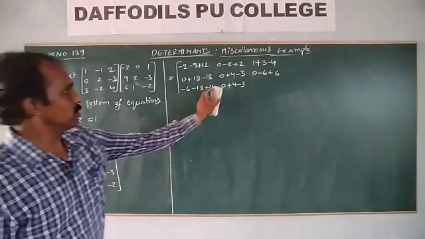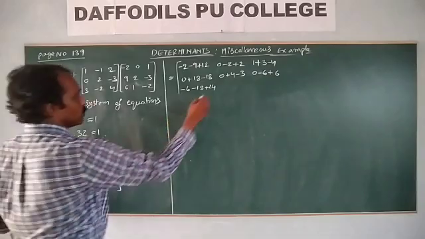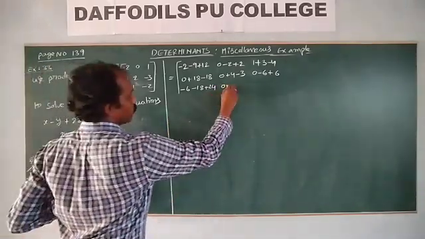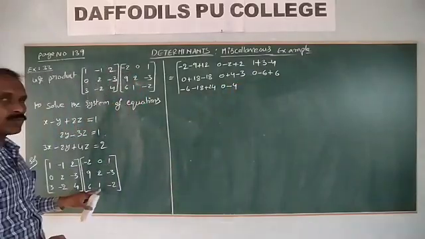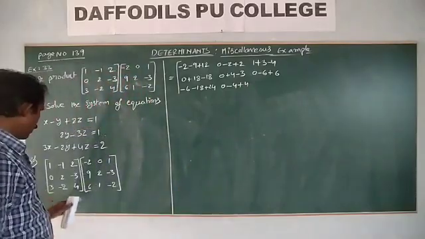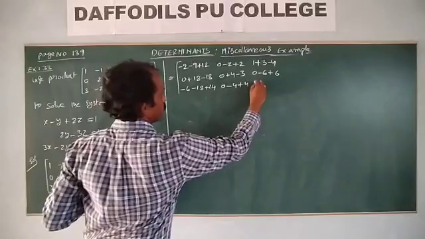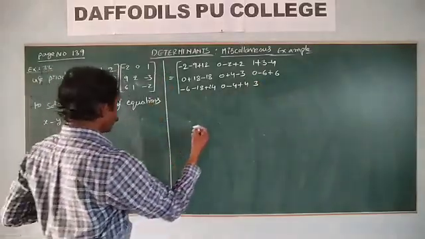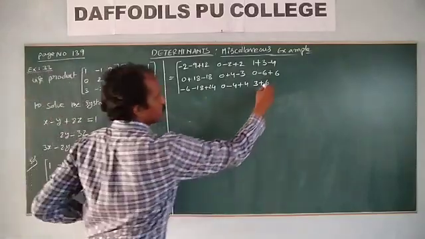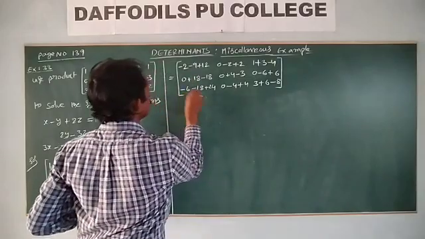Third row, second column: 3 into 0 is 0, minus 2 into 2 is minus 4, 4 into 1 is plus 4. Right. Next, third row, third column: 3 into 1 is 3, minus 2 into minus 3 is plus 6, 4 into minus 2 is minus 8. Right.